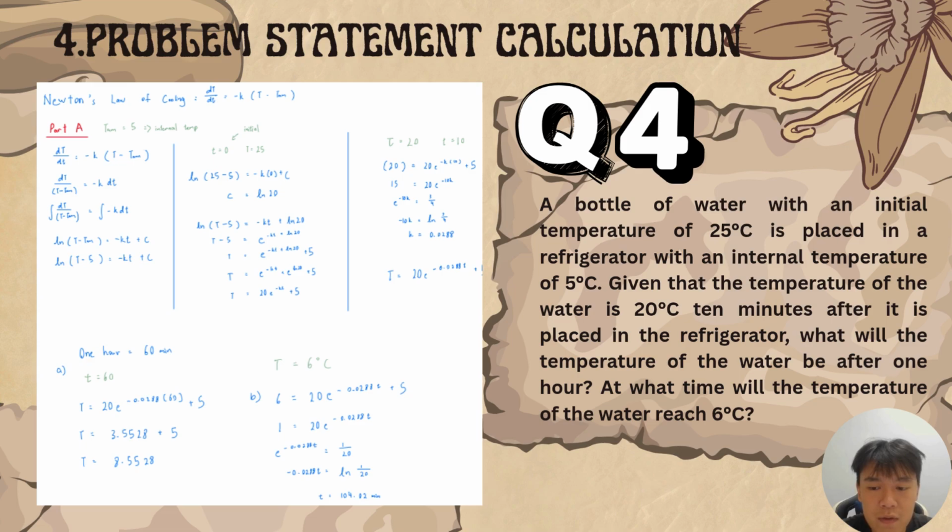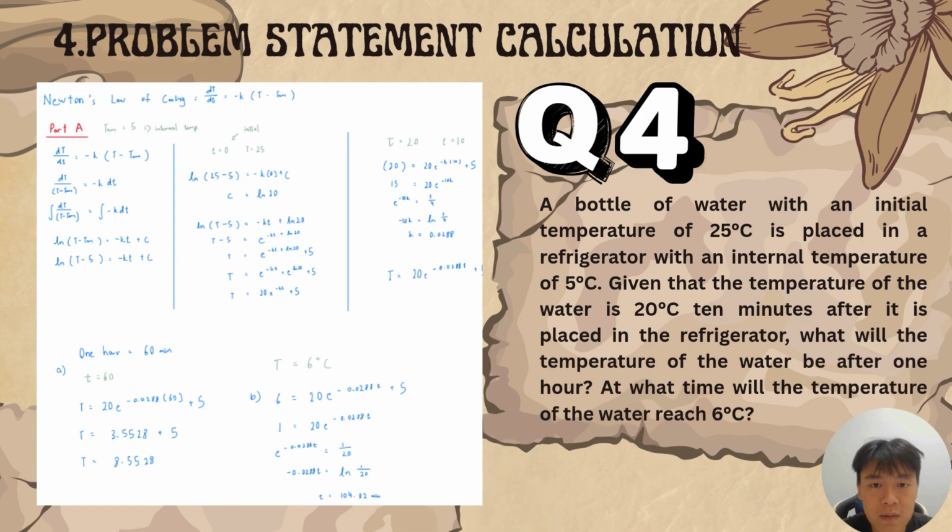So let's move on to the question again. Given that the temperature of the water is 20 degrees Celsius 10 minutes after being in the refrigerator, what will the temperature of the water be after 1 hour? From the question, we know that we need to find the temperature of the water after 1 hour.